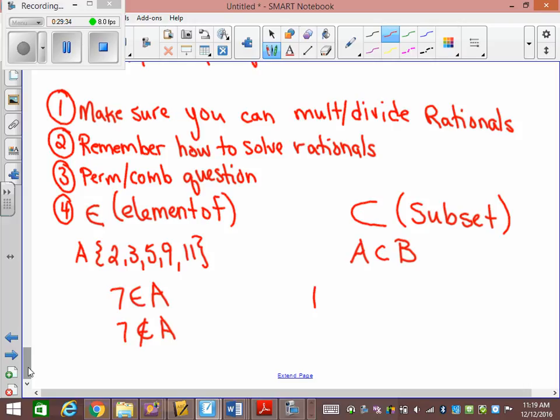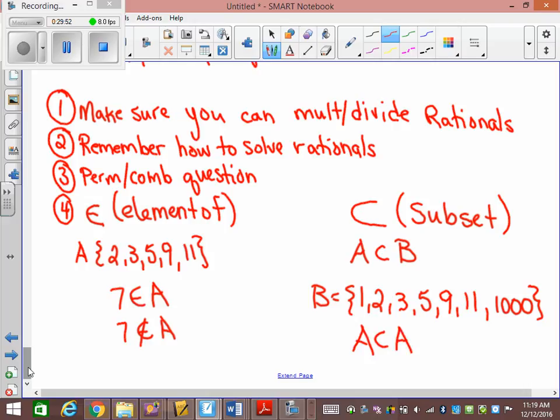So I could say that B is 1, 2, 3, 5, 9, 11, 1,000. In order for this to be true, everything in A has to be in B. Is this also true? A is a subset of A. Is that true? Yes. A can be a subset of itself. So A is a subset of A.